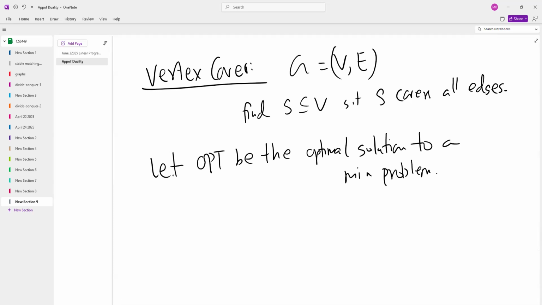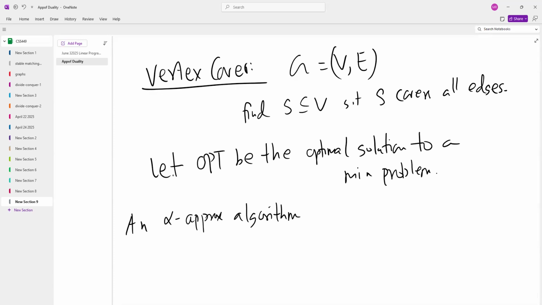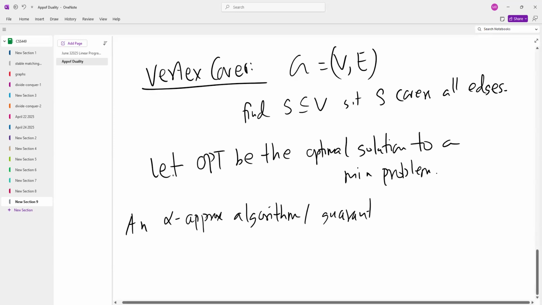We say an algorithm, let's call it algorithm A, is an alpha approximation algorithm if it guarantees that the solution of A is at most alpha times the optimal solution.